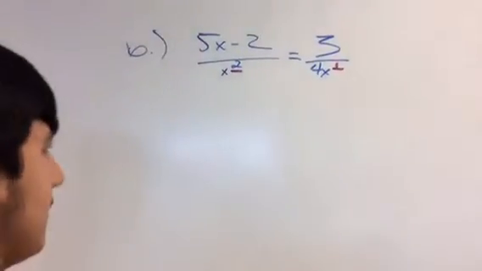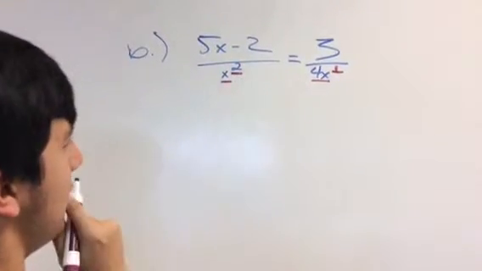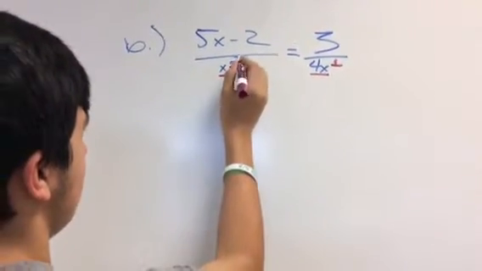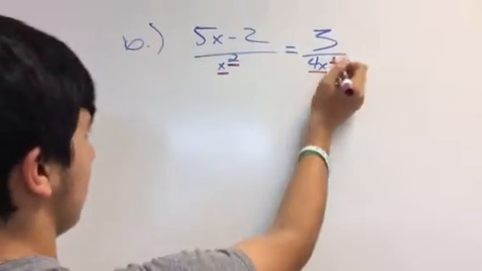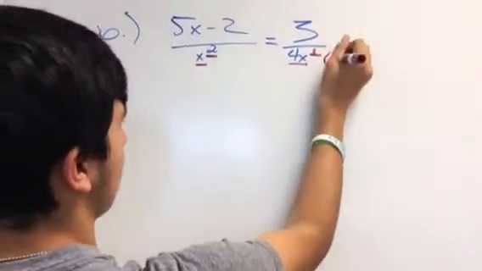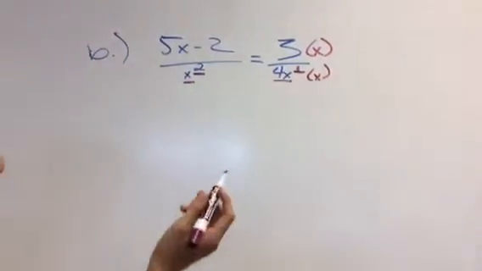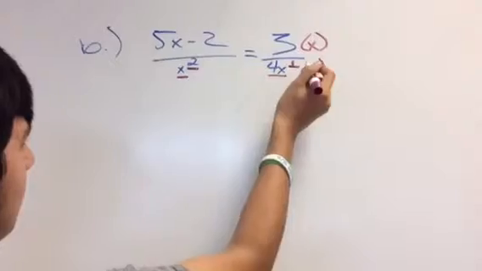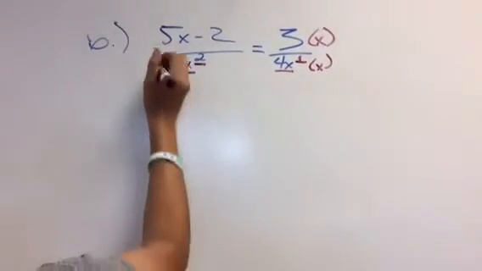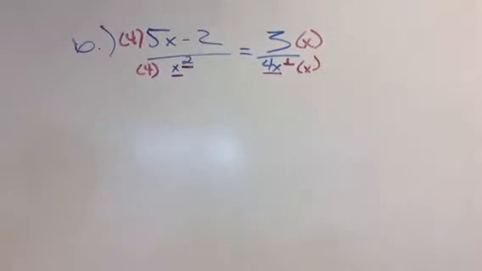So first, we find a common denominator. We have 4x here and x squared, and we can't decrease the exponent, but we can increase it, and there's nothing wrong with that. So we put x here and x on top. Since that's 4x squared, we put a 4 in front here, and the same thing on top.